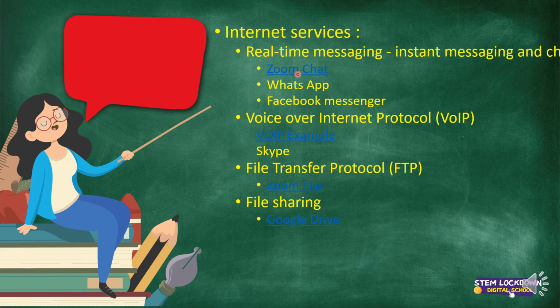I'm going to give you an example of a chat. Here's a WhatsApp chat. The Zoom chat itself is kind of instant messaging. With WhatsApp or Facebook Messenger, you type in something, and it is immediately delivered on the other person's device.